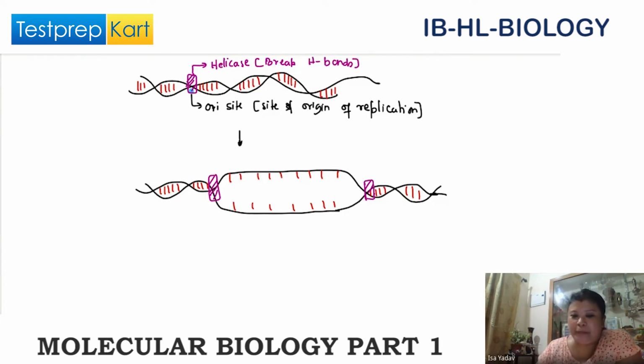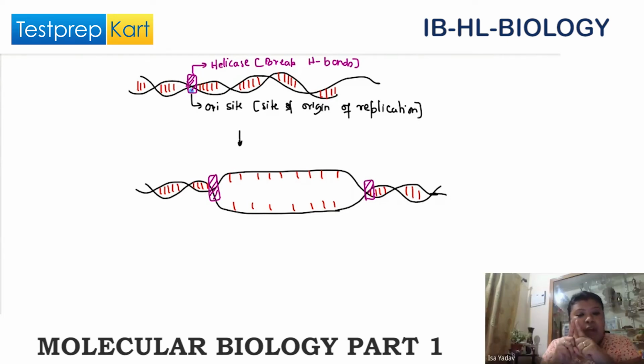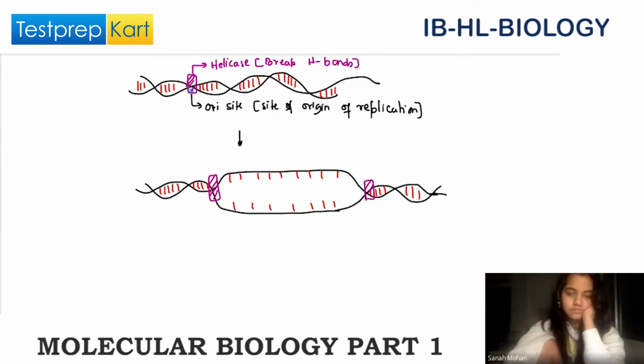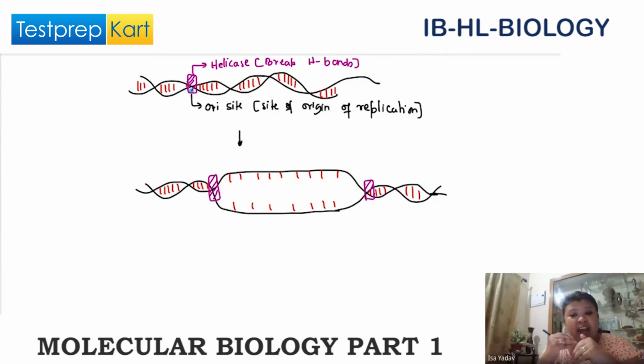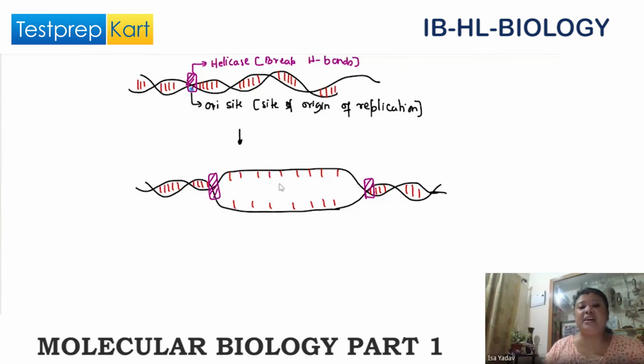So the two strands of DNA are best friends. They always remain together. But now helicase has broken the bond and separated them. They are so attached that they tend to come close to each other, and the DNA would unwind again. If DNA unwinds, we cannot carry out replication, right? So we have to maintain it single stranded.